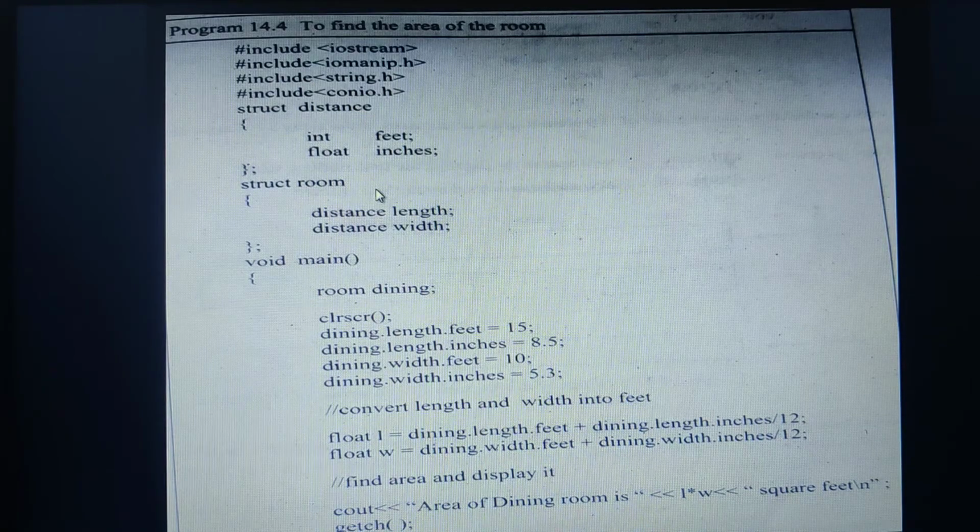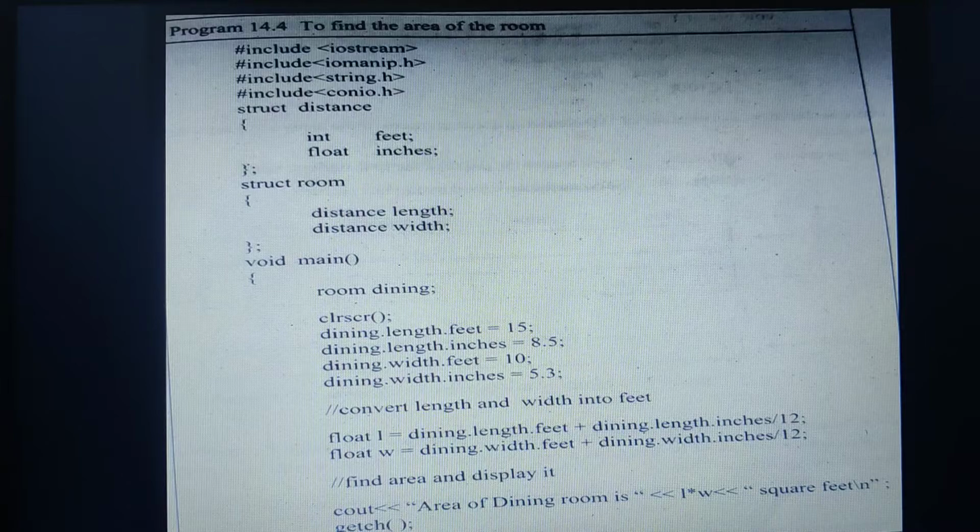Now here one thing we should remember: during the declaration of the nested structure, the definition of an embedded structure must appear before the definition of an outer structure. As I said, distance is an embedded structure. So room is an outer structure, and distance is an embedded structure, or you can even refer to it as an internal structure.